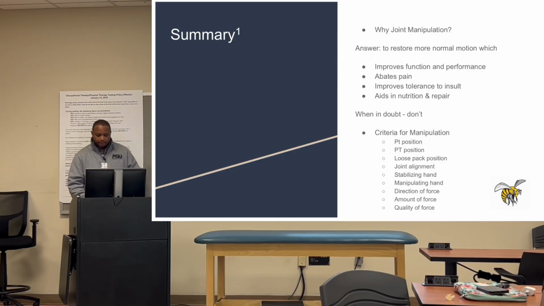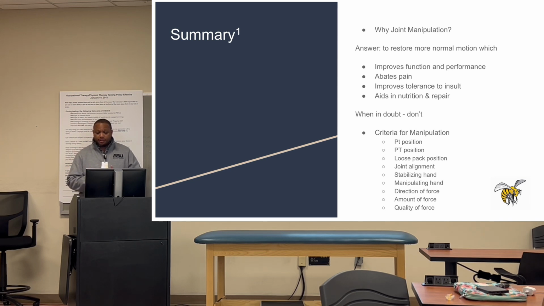All right. So summary: why joint manipulation? Why would we do a joint manipulation or mobilization? We're trying to restore more normal motion, and ultimately we're trying to improve classical motion, and non-classical motion as well. Ultimately we want to improve function and performance, abate pain.